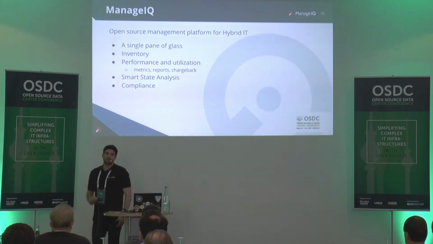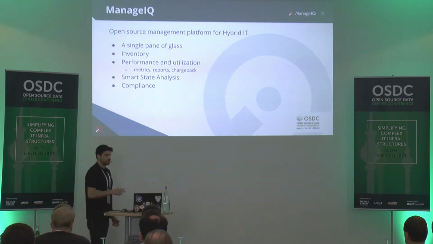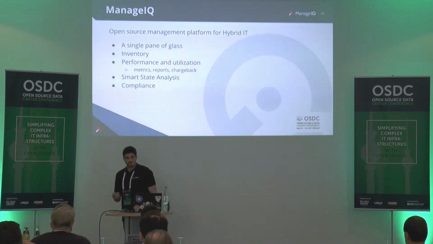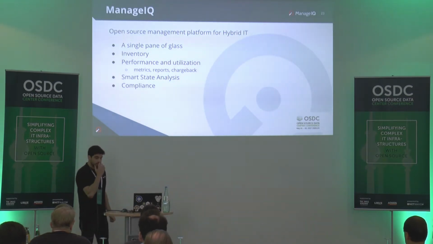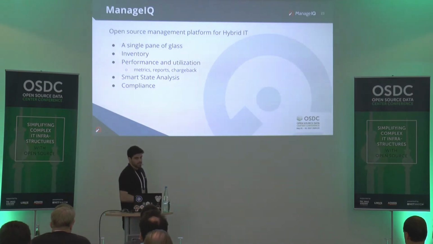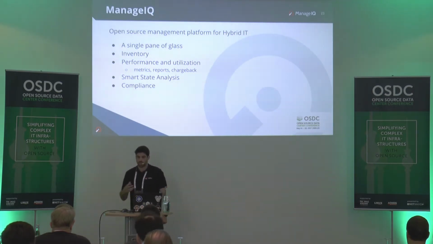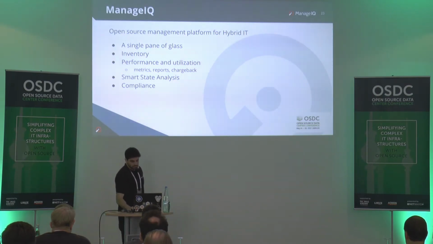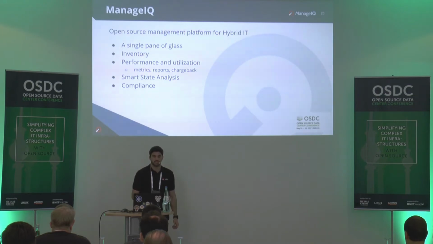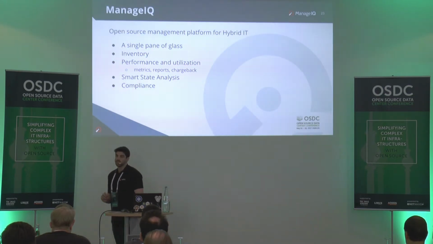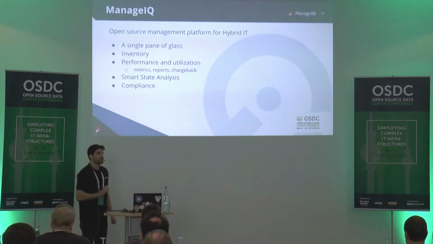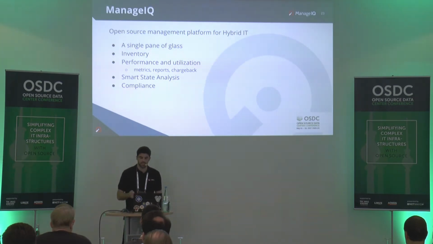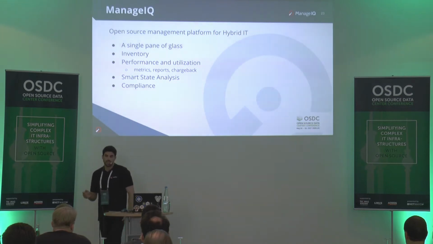Compliance is the ability to define in a free language a list of conditions that we want to enforce, and these conditions, these policies, can also trigger actions in case they are evaluated to true or false. So if we are following the last example I gave you for smart state analysis, we can determine that for every new container image in our cluster, every time it gets discovered, a smart state analysis begins.